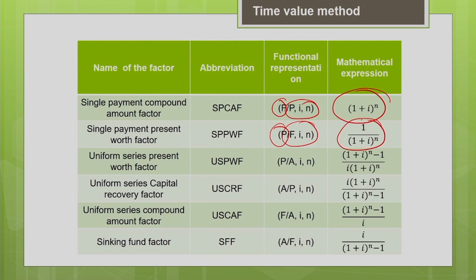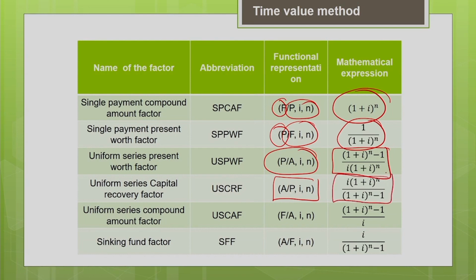For the uniform series payments, the uniform series present worth factor determines P for the given A, I, N. This is a factor which makes them equivalent. This one is to determine A, the annual cash flow, for the known P, I and N.